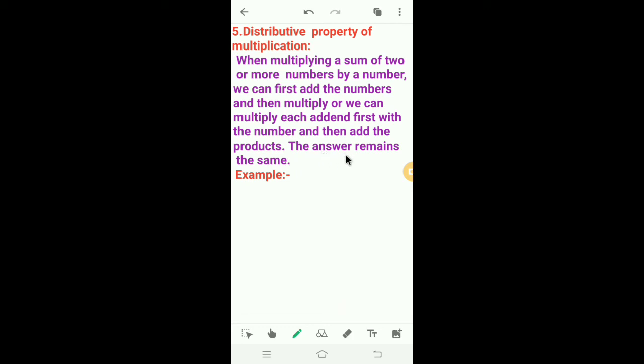The answer remains the same. For example, 15 plus 11 plus 3 is in one group into 100.